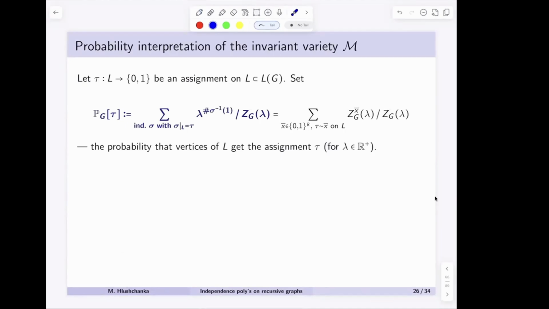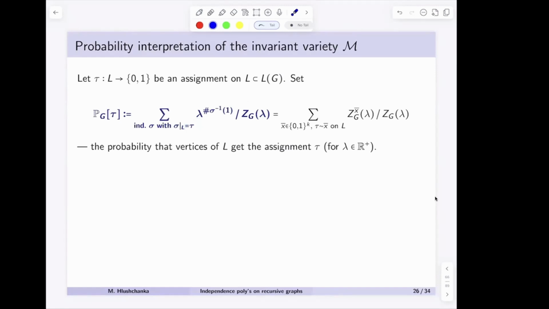Basically, if I have any vertex assignment tau on my labeled vertices, I can look at the normalized probability. So the probability of tau is the sum, where I sum over all independent sets sigma which agree with tau on the labeled set.